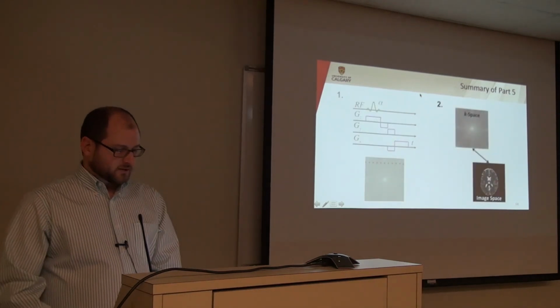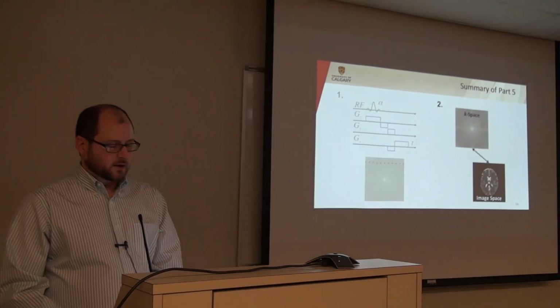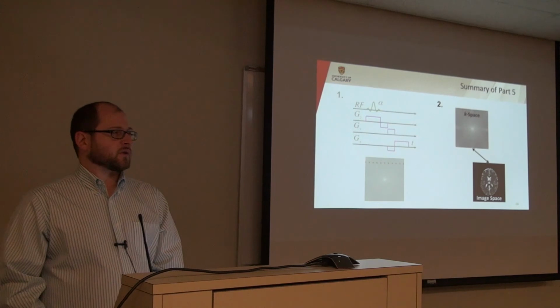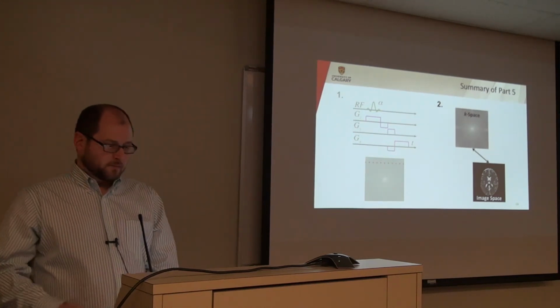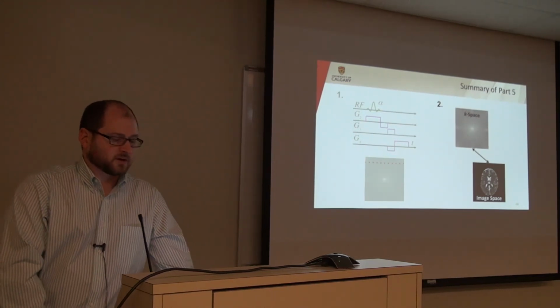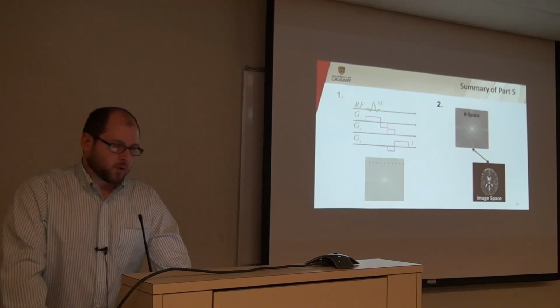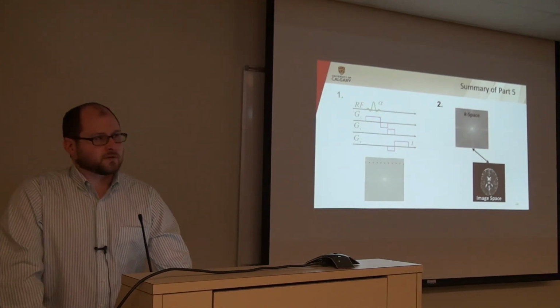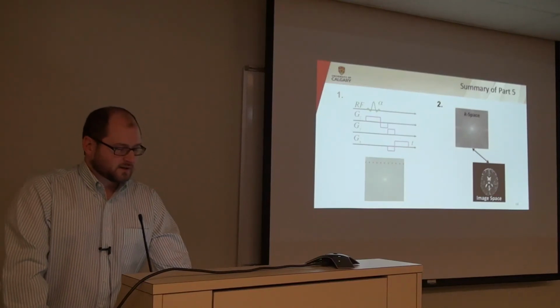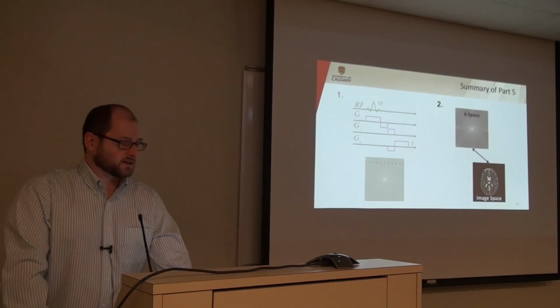And so the rest of the time was spent talking about ways that we could decrease the amount of time it takes for us to acquire an image, which allows us to either get more images or faster images or image transient phenomena like heartbeats, that sort of thing.